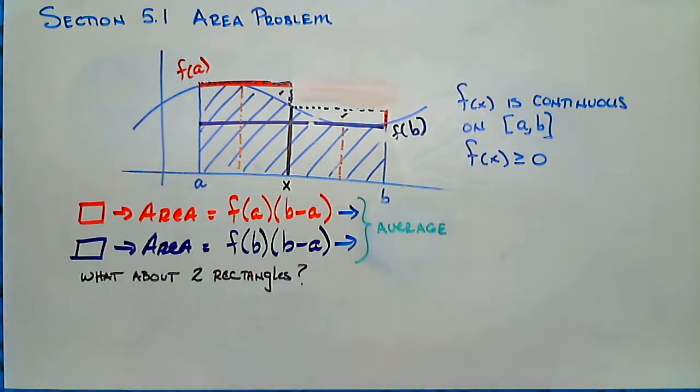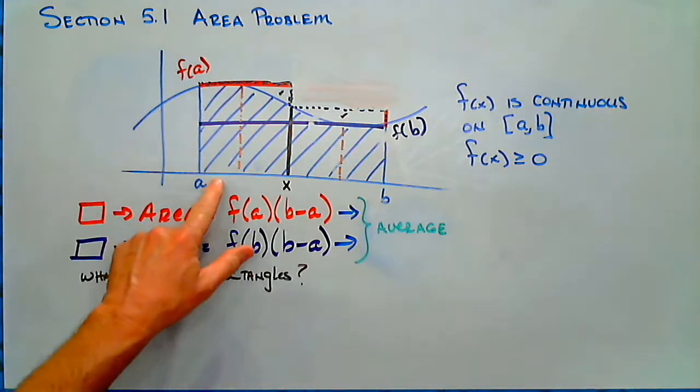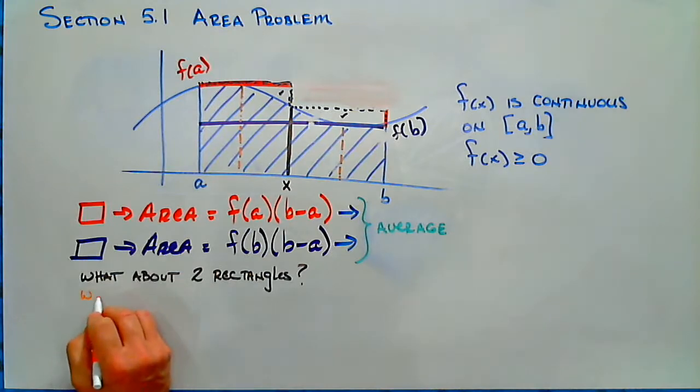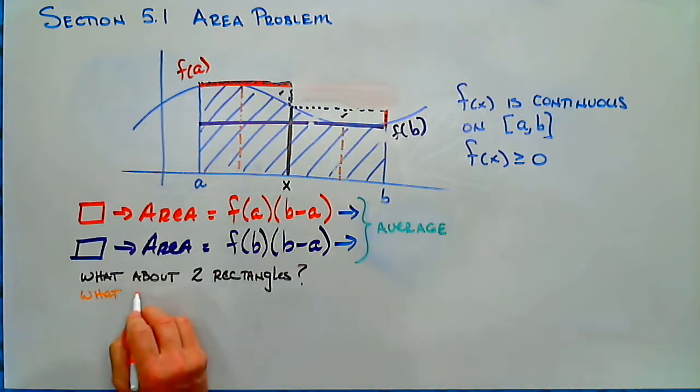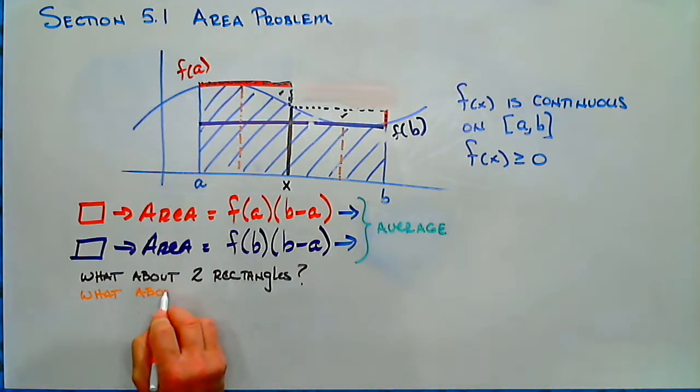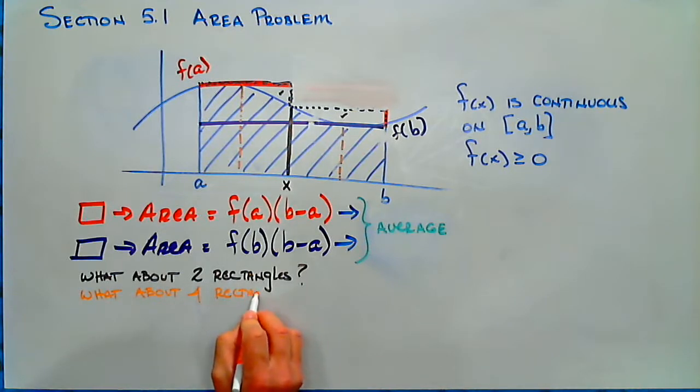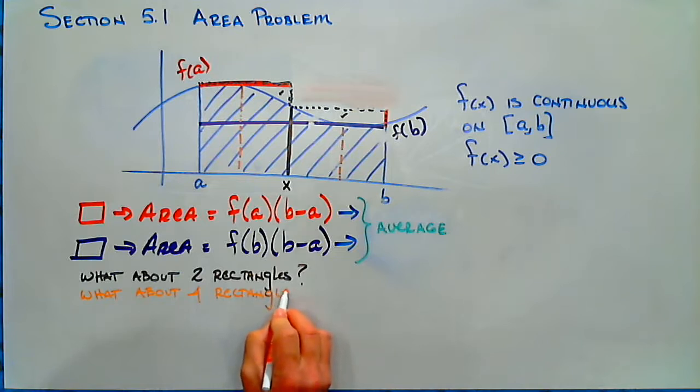All right, we split it into four. Now I have 1, 2, 3, 4. So the question that follows, what about two rectangles, is what about four rectangles? Is this going to be better than what I saw with two rectangles?